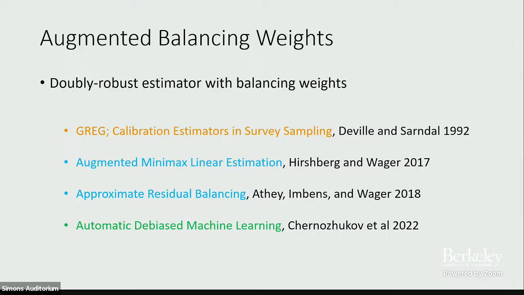It's been called approximate residual balancing. That's more my style, where I call it balancing weights. And then it was rediscovered in econometrics, where it's called automatic debiased machine learning. So you might have heard of debiased machine learning. That was the first Chernozhukov paper on this. And then he has another one that's called automatic debiased machine learning, which is this estimator.